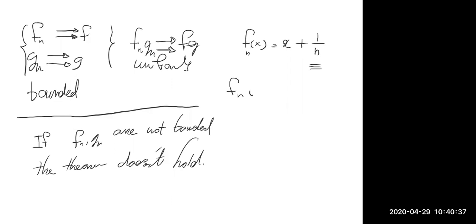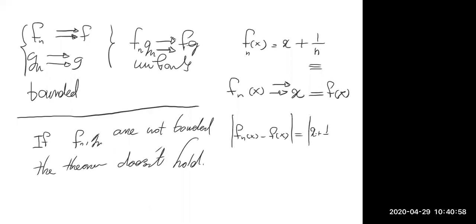So Fn of x converges to just x. And this convergence is uniform. Why? Because Fn of x minus f of x, where f of x is the limit, which is x, is x plus 1 over n minus x, which is 1 over n. And it is independent of x. I can make this difference less than epsilon if n is greater or equal than N, which is, say, the floor of 1 over epsilon plus 1.